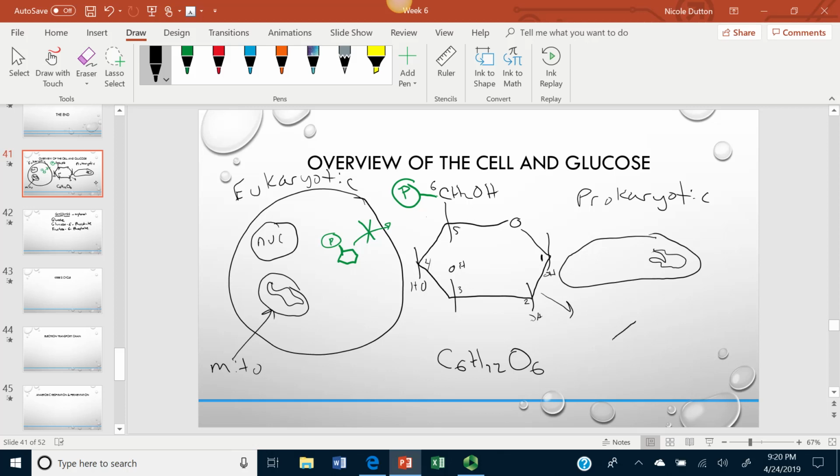Now fructose is actually a pentamer. And we end up with something that looks like this.